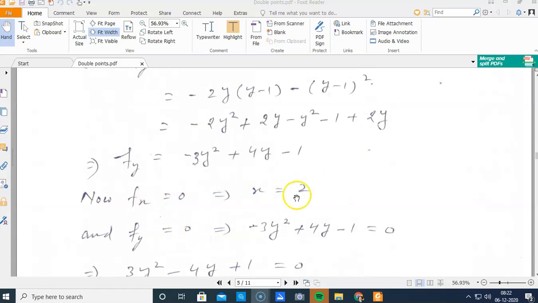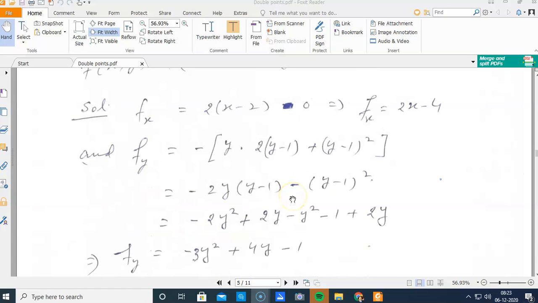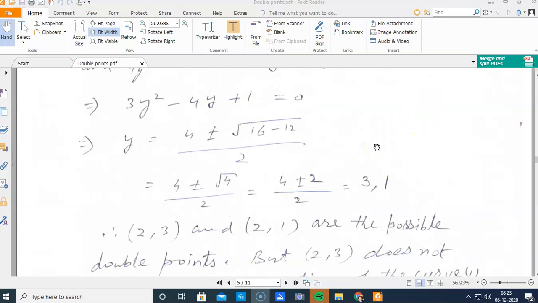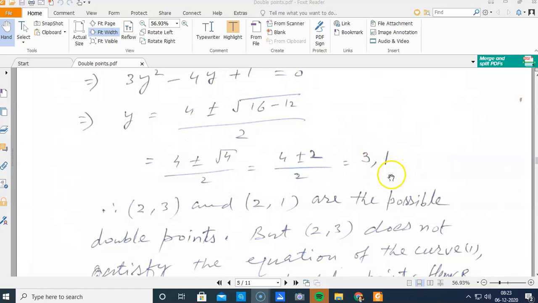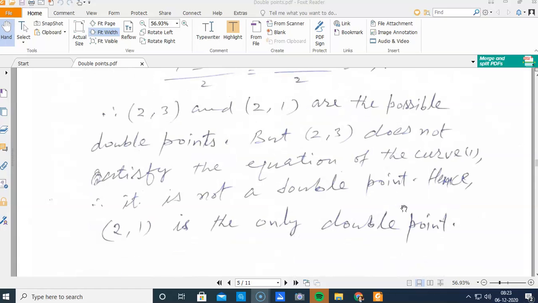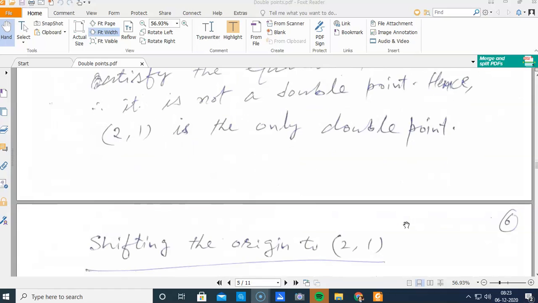Putting fx equal to 0 gives x equal to 2, and fy equal to 0, solving this quadratic, gives y values 3 and 1. Therefore (2, 3) and (2, 1) are the possible double points, but (2, 3) does not satisfy the given equation of the curve, so it is not a double point. Therefore (2, 1) is the only double point of the curve.